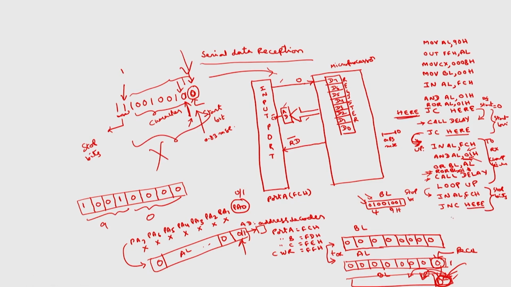Once this bit is 1, it will come out of the loop, meaning the first stop bit is 1. Then I have to call a delay. Then you have to check for the second stop bit also.